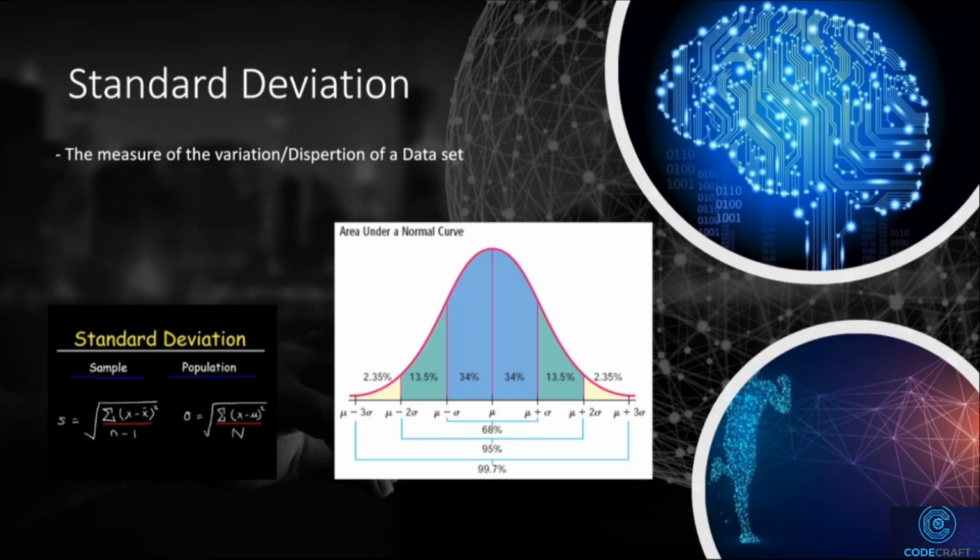Let's say the mean, or the average, of this data is 10 with a standard deviation of 1. In this case, the price of your stock has a 68% chance to be 10 plus 1 or 10 minus 1, so between $9 and $11 in the next X amount of time.